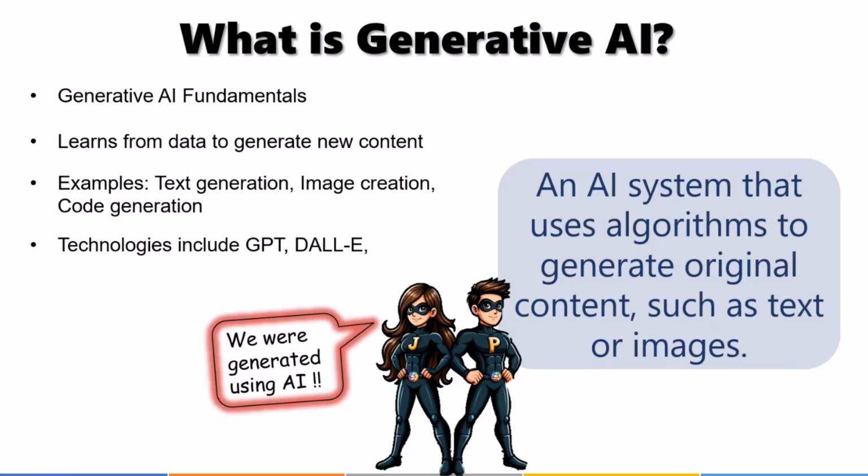GPT itself stands for Generative Pre-trained Transformer, and it's a type of artificial intelligence model developed by OpenAI that uses machine learning to produce human-like text. It's generative because it can create new content. It's pre-trained because it has already been trained on a large quantity of internet text.